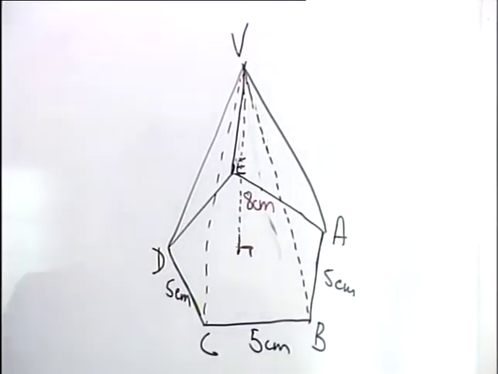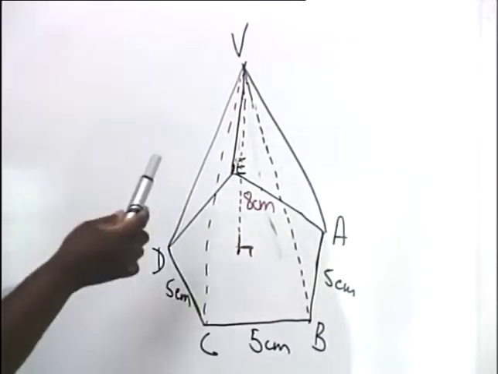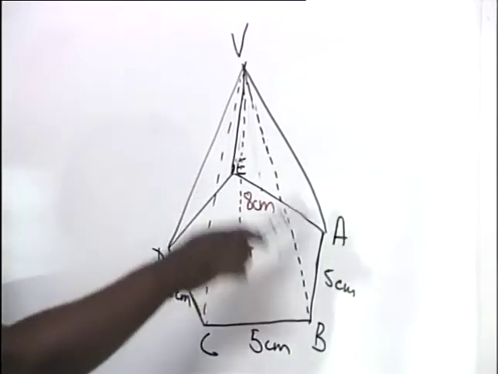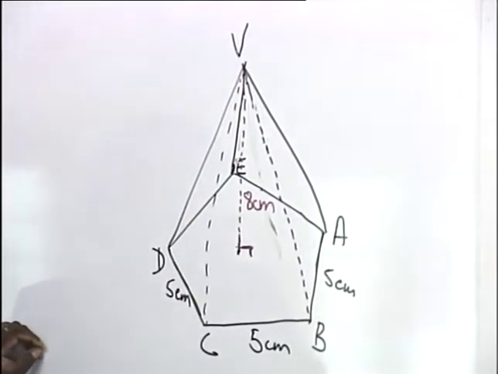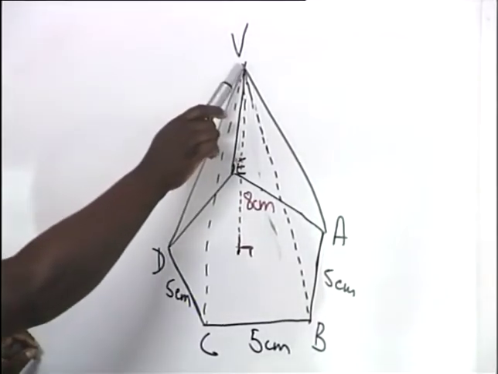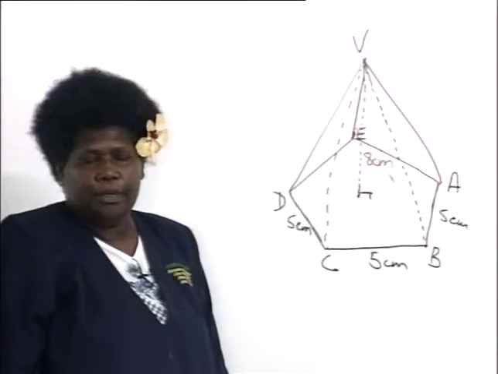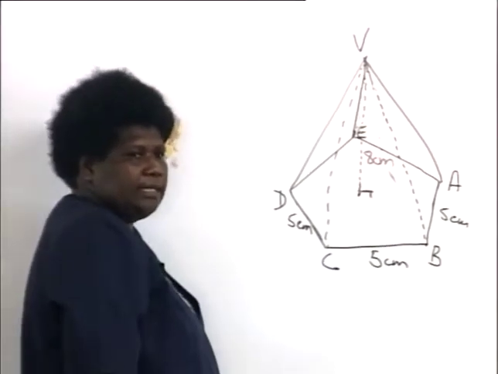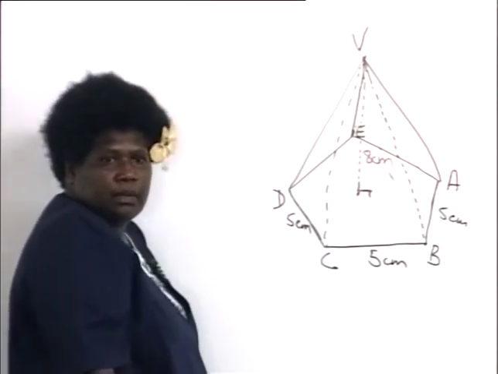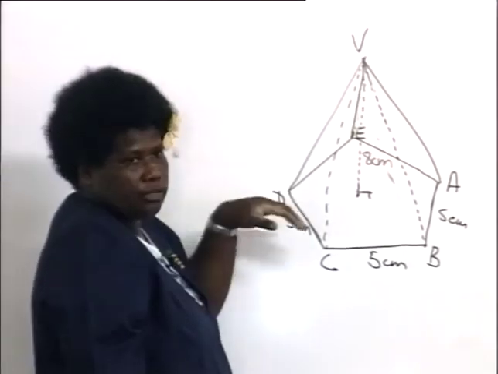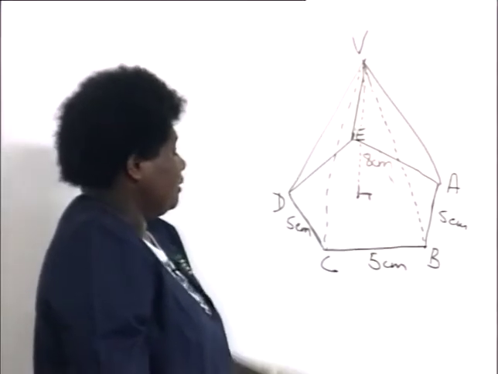Is VC the same as the line that is drawn from V to the center of DC? No, because that is the perpendicular height of each of the faces of the pyramid, each of the triangles. So it can't be the same as VA or VC.